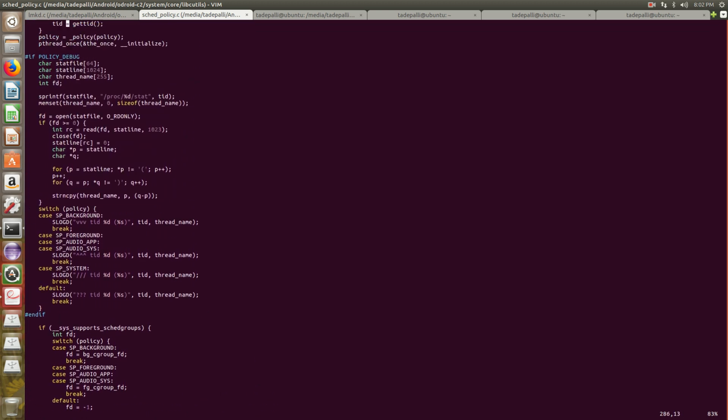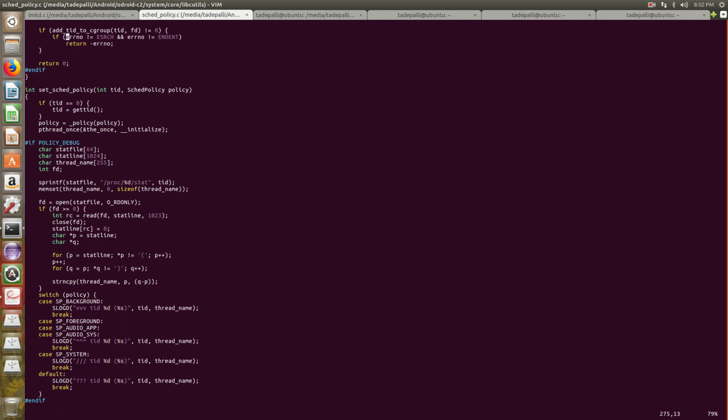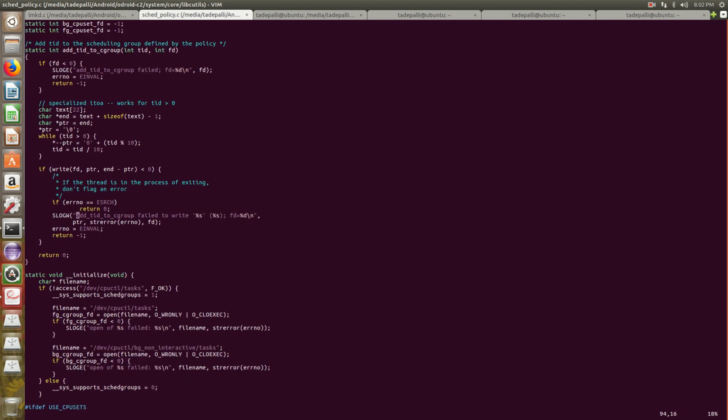So what this does is it writes a given tid to the corresponding C group. That's it.